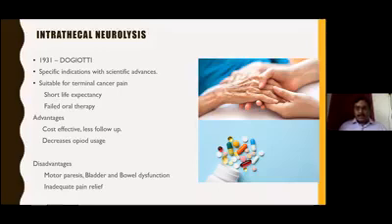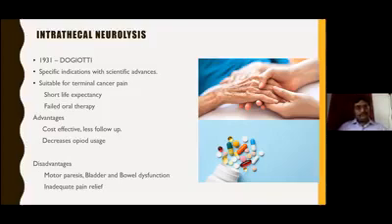Since it is a neurolytic procedure, there is always a possibility of weakness of the lower limbs and bladder and bowel dysfunction, though rare. Another issue is inadequate pain relief, because intrathecal neurolysis targets only somatic pain. The visceral pain and neuropathic pain have to be taken care of with other procedures or medications.